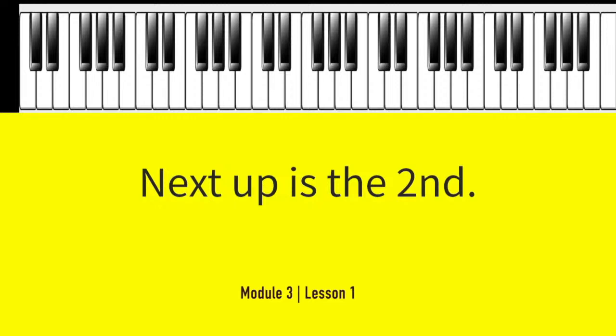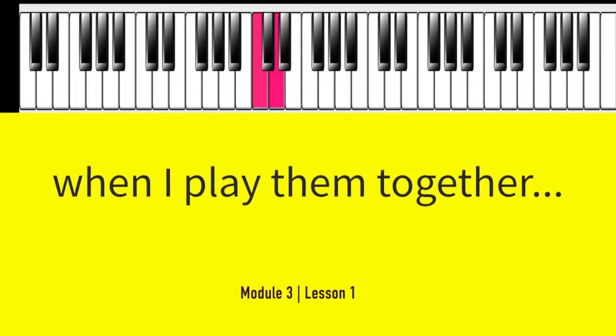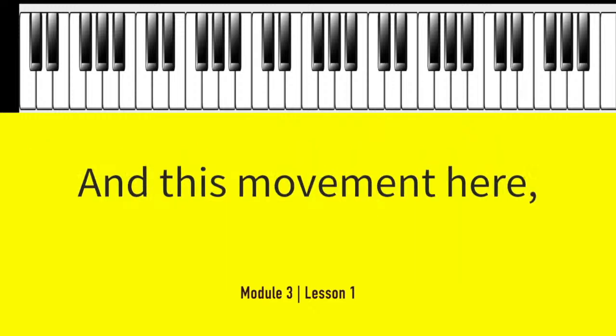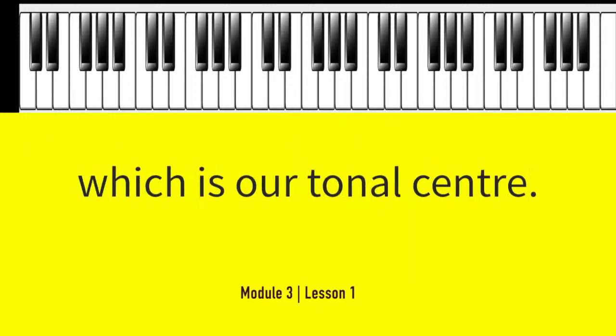Next up is the second. You can hear that's a clash. When I play them together, then you'll hear that it's not very pleasant at all. And this movement here, the second goes into the first, which is our tonal center.